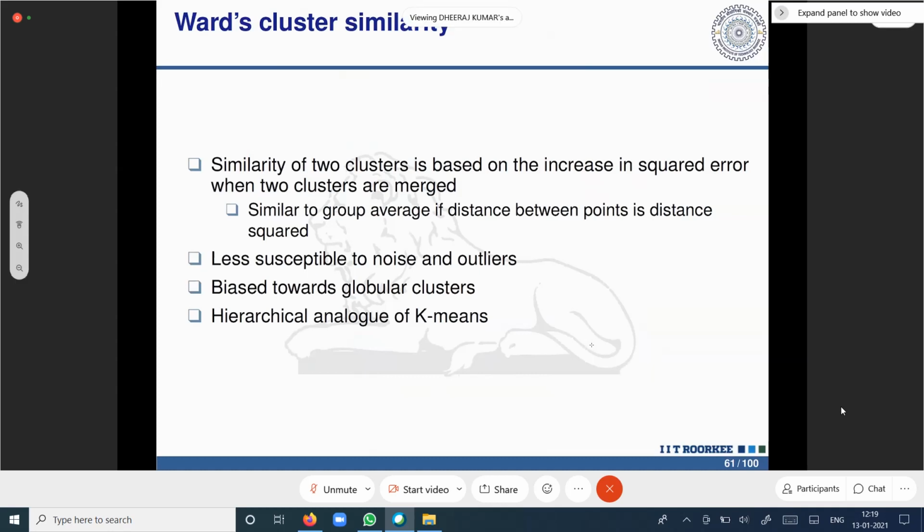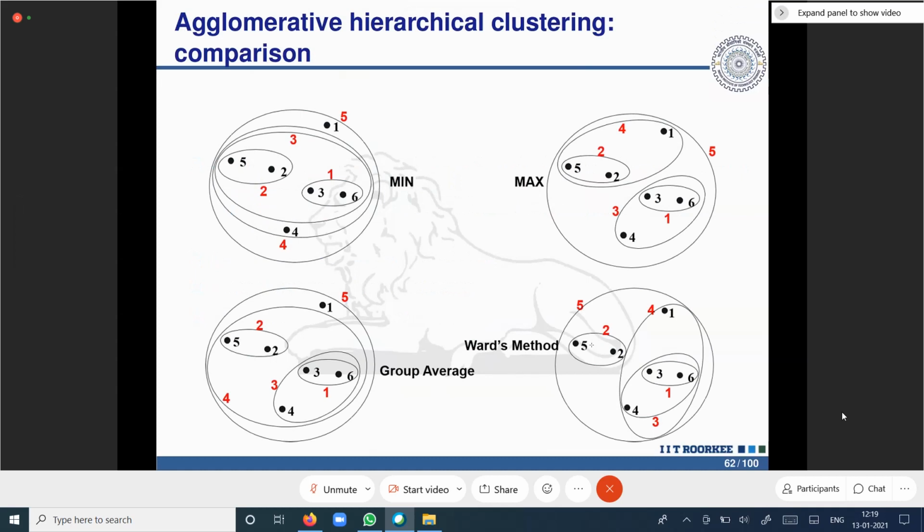It is similar to group average if the distance between points is squared. Again, it is less susceptible to noise and outliers and biased toward globular clusters, and it's more like a hierarchical version of k-means, because here again we are trying to minimize the SSE, the squared error, which is the objective of the k-means algorithm.